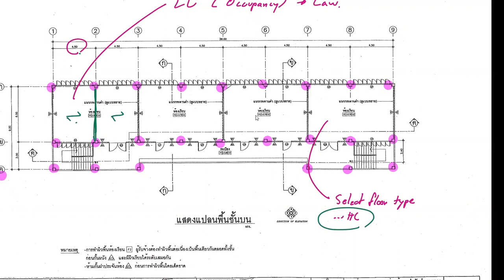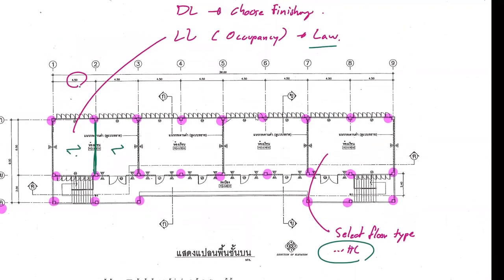So you go to that span length and you will know the load from the live load of the building based on your occupancy and from the finishing. And from then on, this will become something that we can call superimposed load.